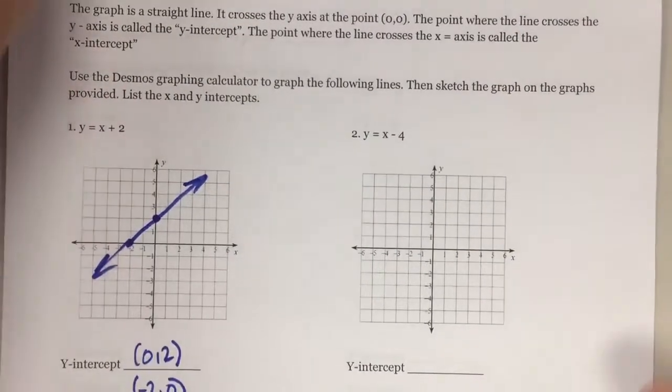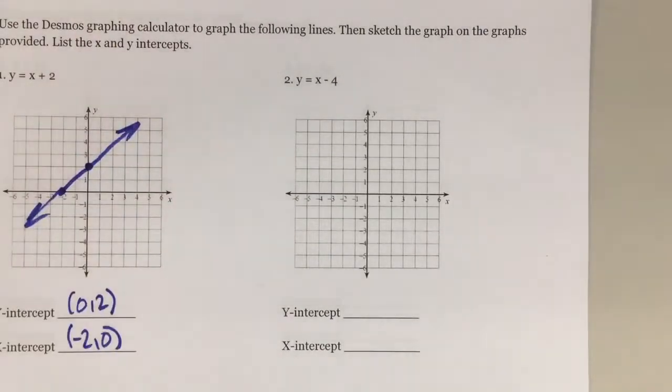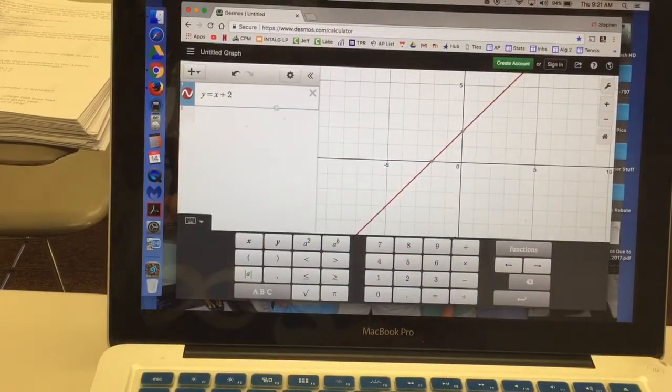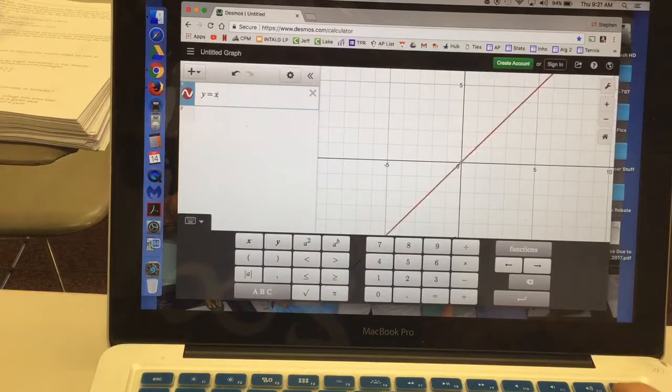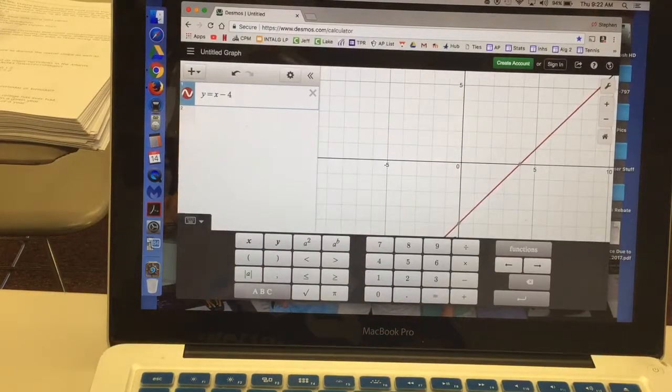For the next example, we're going to graph y equals x minus 4. So going back to Desmos, I could just click on the same box I was on before, and I can change it to y equals x minus 4. Again, instantly I get a graph, and I can hover over where it crosses the x-axis.